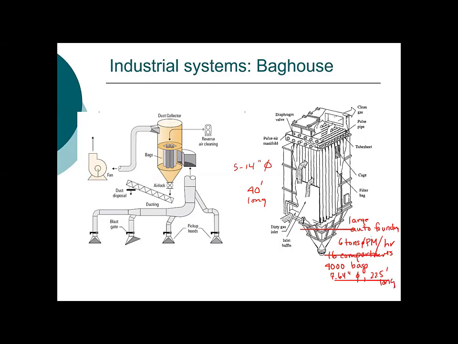So just to give you a sense of the size of these, they require a large footprint. Electrostatic precipitators also require a large footprint, and so do Baghouse filters. In order to get the removal that we need, we need a very large system.